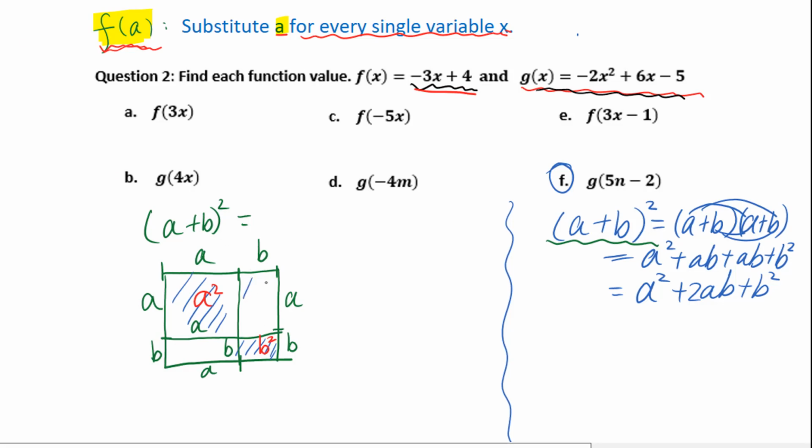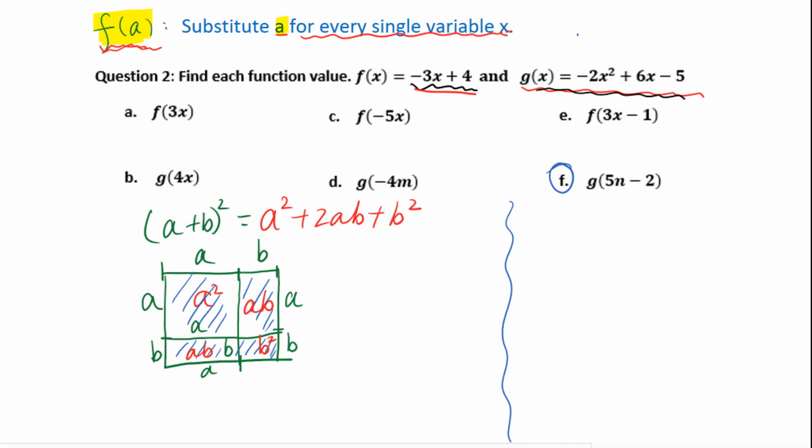For these two rectangles, we know the area is a times b. Therefore, a plus b squared equals a squared plus 2ab plus b squared. Use this formula. Let's practice some questions.